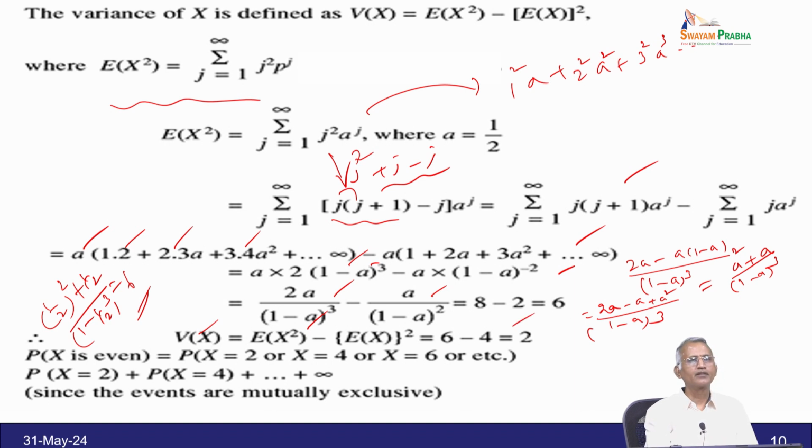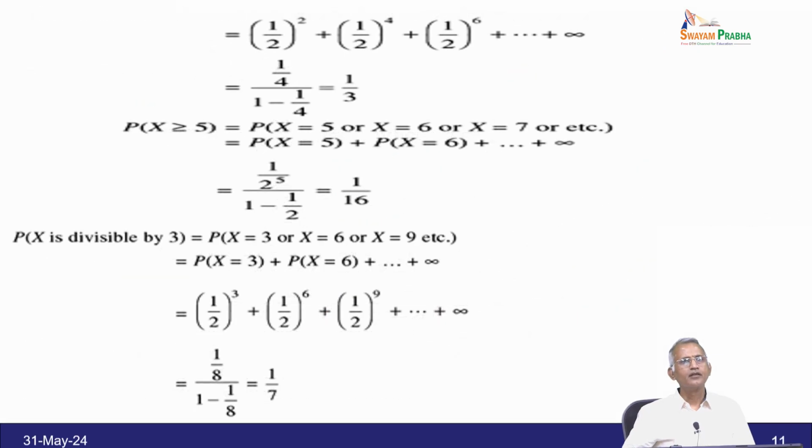Therefore, probability of x is even is probability of x equal to 2 or x equal to 4 or x equal to 6. These are mutually exclusive. So, this is the series expansion of 1 by 2 plus 1 by 2 the whole power 4 and so on.